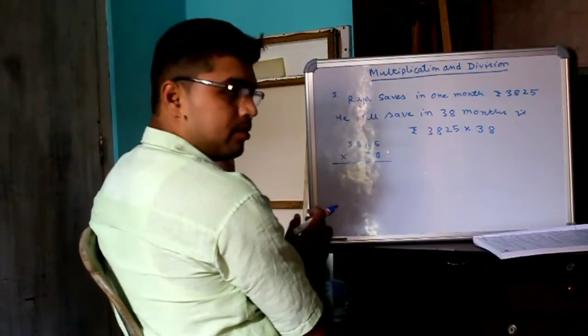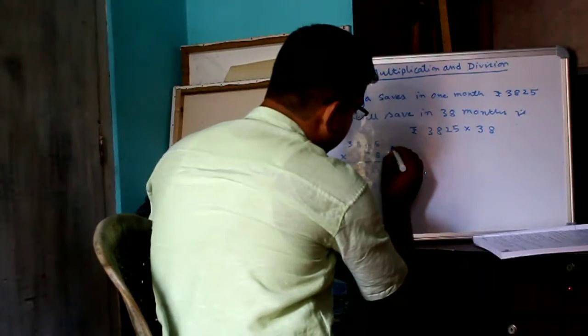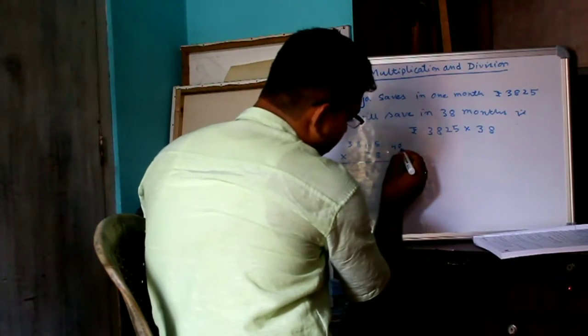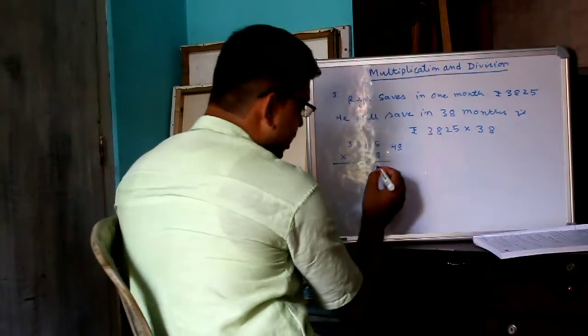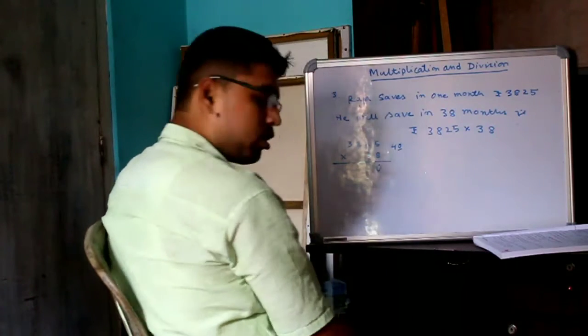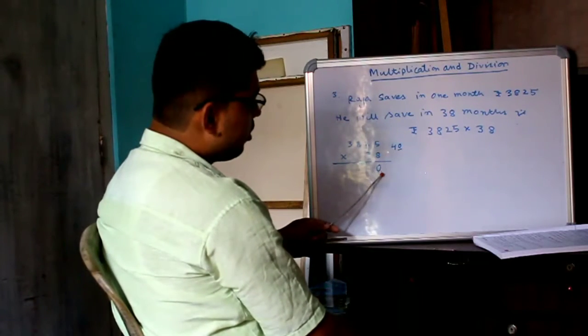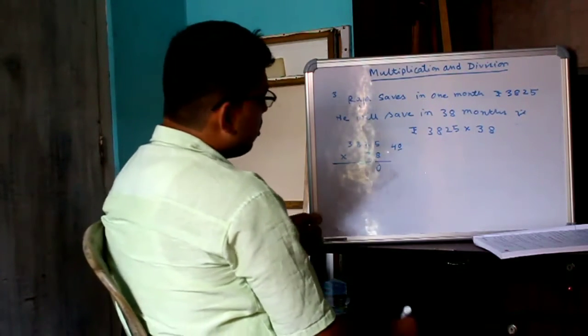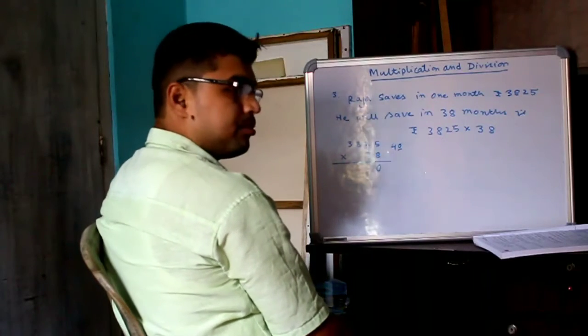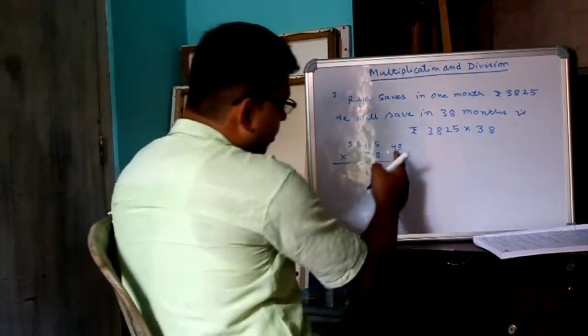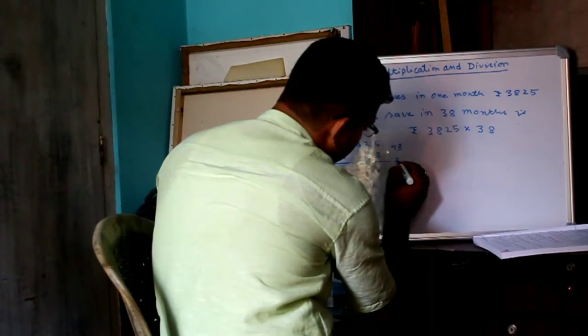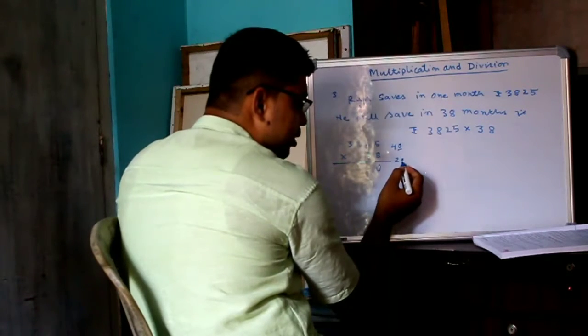8 into 5, 40. 40, one's position is 0. So 0 is coming. So 4 is left. But 8 into 2 is 16. 16 plus 4, 20. So again, one's position is 0.